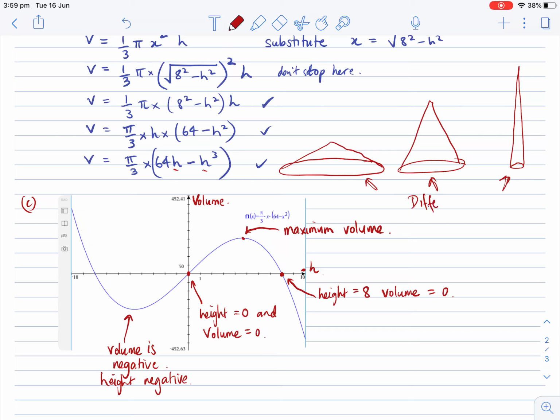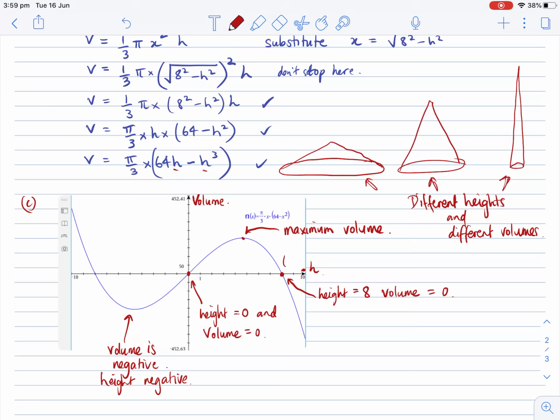Okay, so that's what's going on in this problem. So that's what we've created here, and this is what my graph's trying to represent. Okay, so there's my graph.